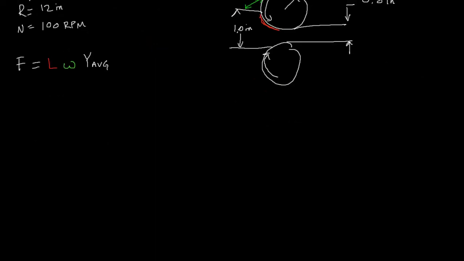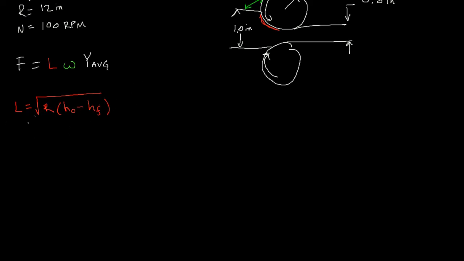Okay, so we now need to figure out L. So L from our previous videos was the square root of R times the difference between the beginning thickness and the final thickness.